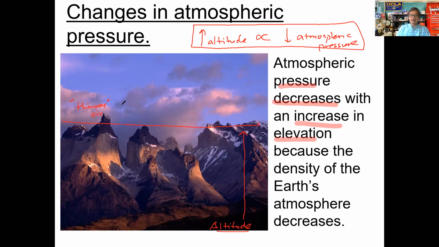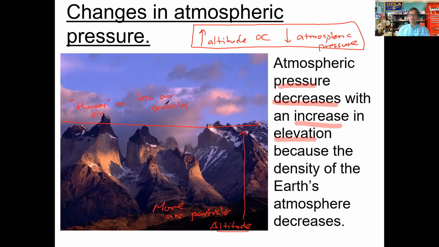Thinner air means less air particles up here, and you have more air particles down here. Again, think of the water: less water particles up here at the surface of the water, more water particles down here at the bottom of the pool.